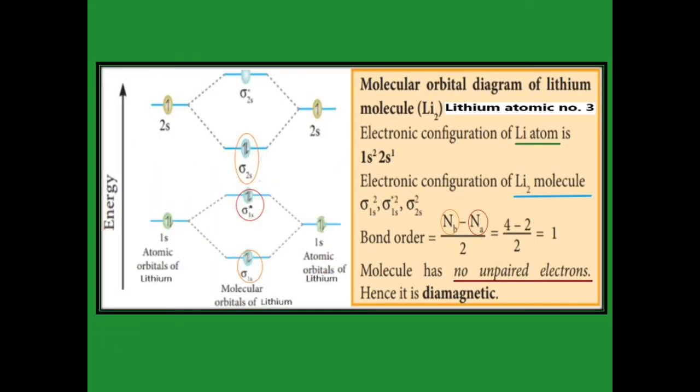Now the molecular orbital diagram of the lithium molecule. Lithium has atomic number 3. The electronic configuration of the lithium atom at the atomic level is 1s2 2s1.